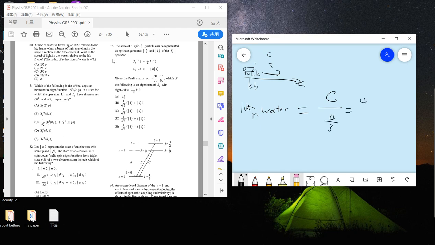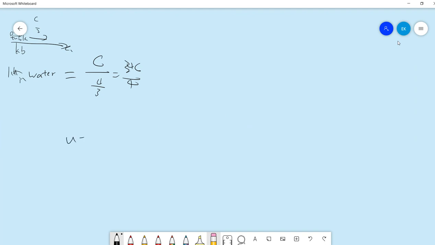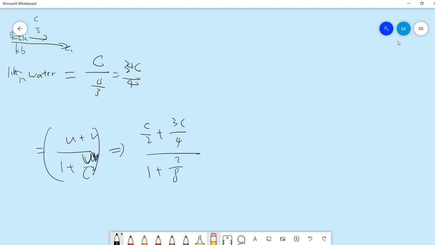And what we need is the addition of speeds in special relativity. So we have c/2 plus 3c/4, divided by 1 plus the product, which is 3/8.